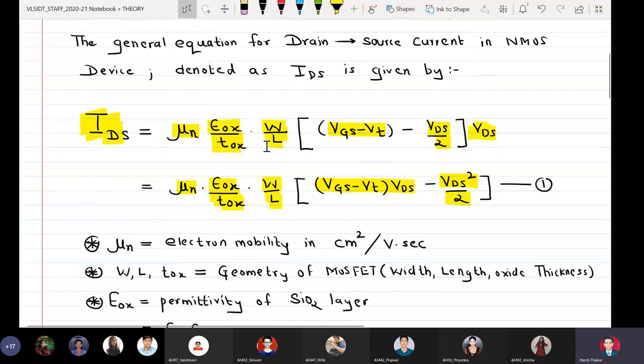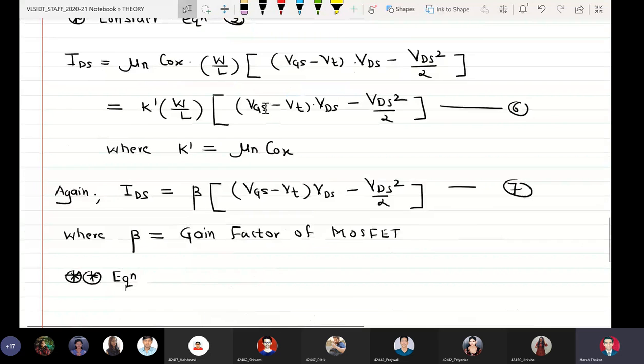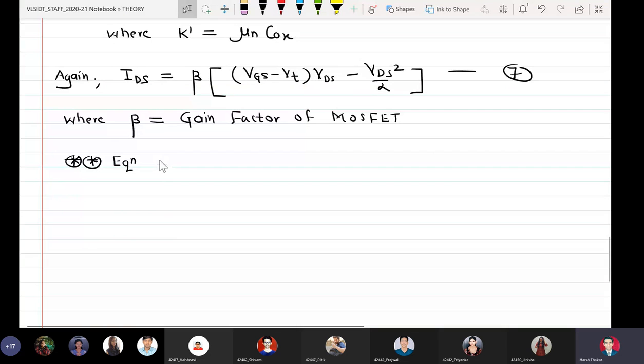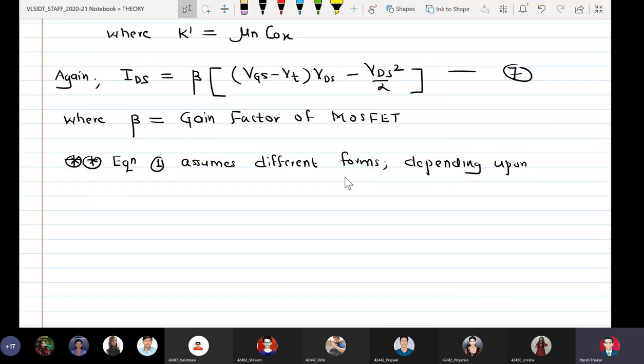Equation one assumes different forms depending upon the relative values of VDS and VOD, that is overdrive voltage.